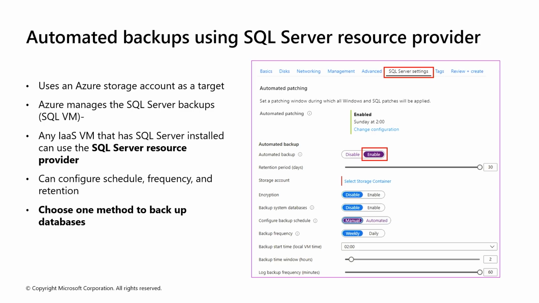A key note is that this method is only available for Windows Server-based SQL Server installations, and users must choose a single backup method. Using multiple methods can disrupt the log chain, especially if backups are also configured inside the virtual machine.